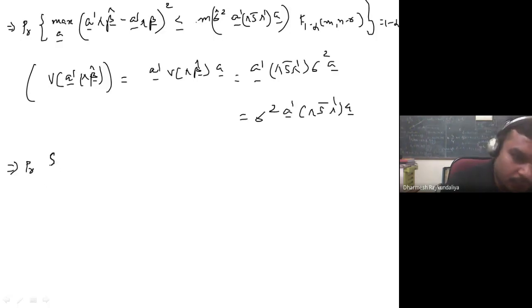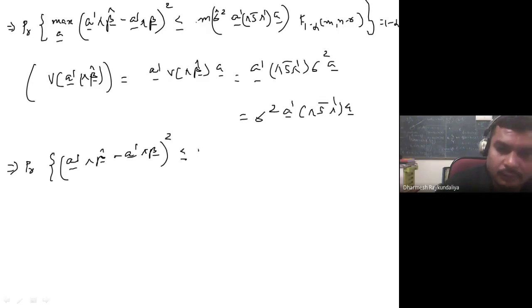So we can write (a dash lambda beta cap minus a dash lambda beta) square is less than or equal to m times estimate of variance of a dash lambda beta cap into F 1 minus alpha, m, n minus r.